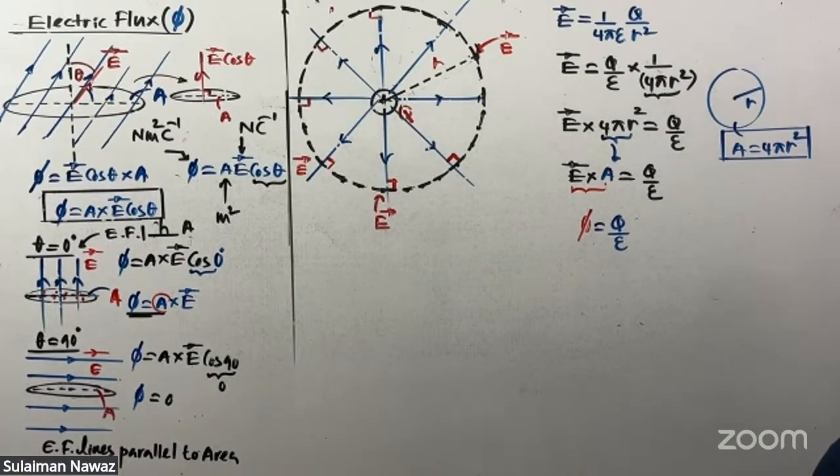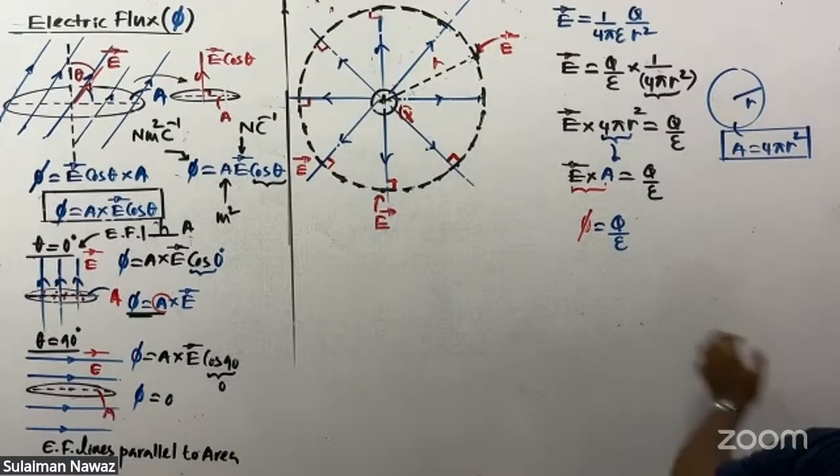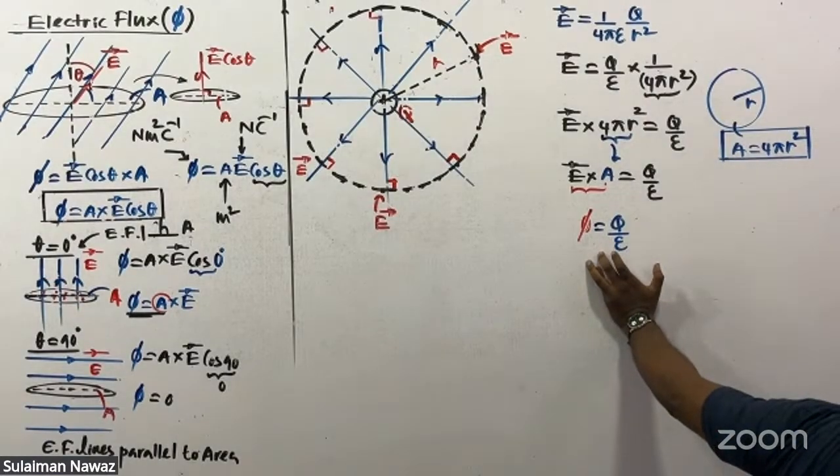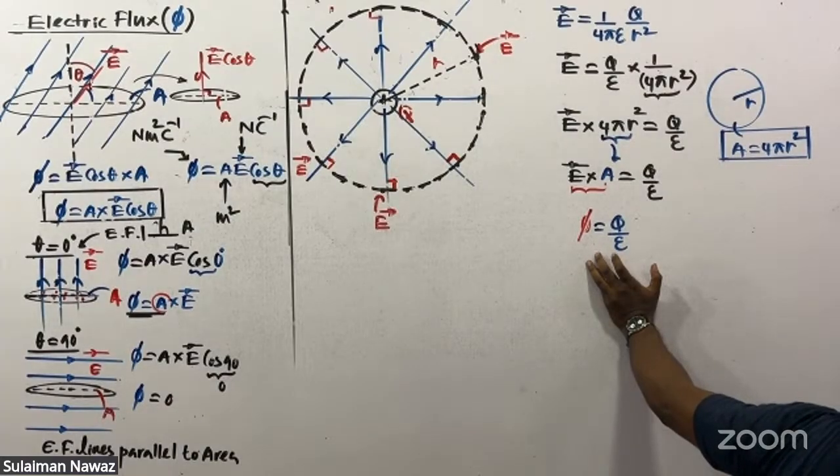Next point. Electric flux can be written as, from this equation, psi equals Q over epsilon.